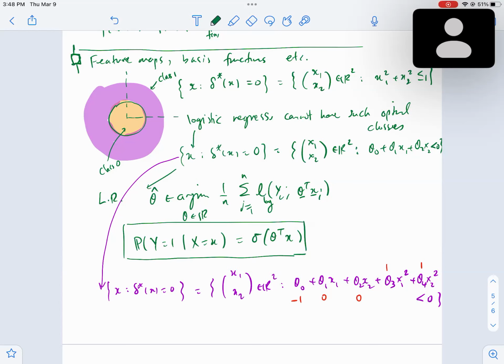If I give you this probability model, what is the Bayes rule associated with it? The optimal rule, let's say.